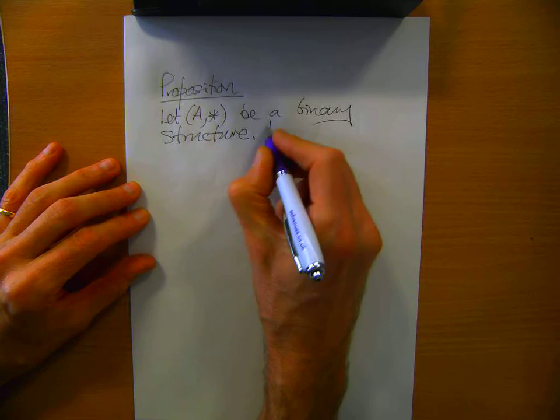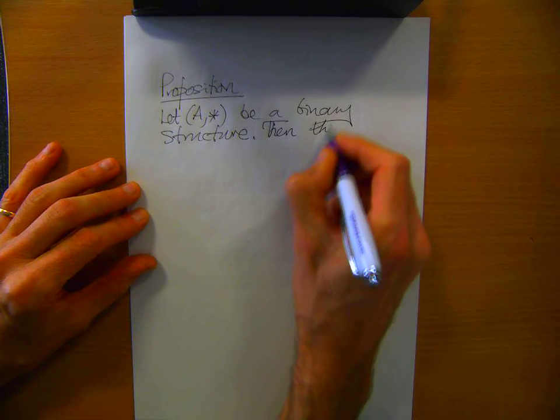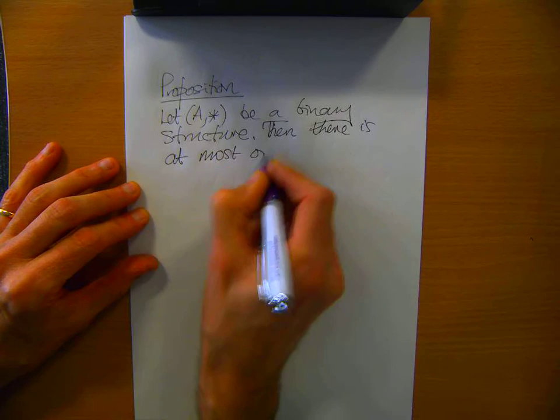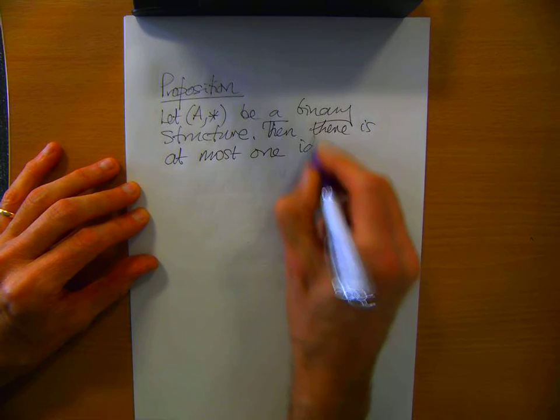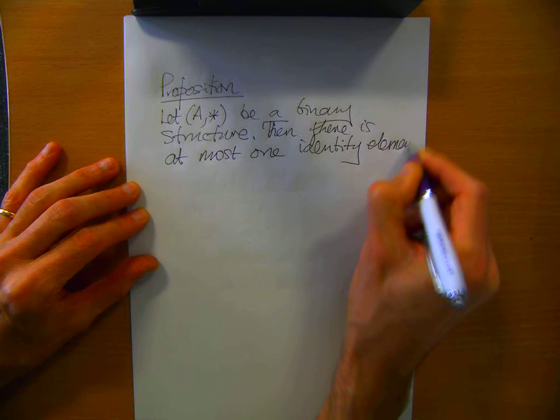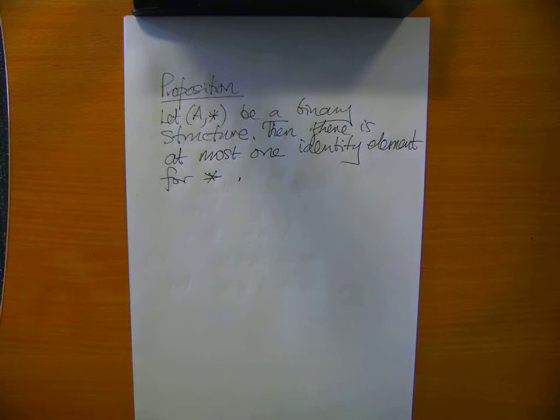Then there is at most one identity element for star. So this is uniqueness. You might not have an identity element, but if you do, then it's unique.